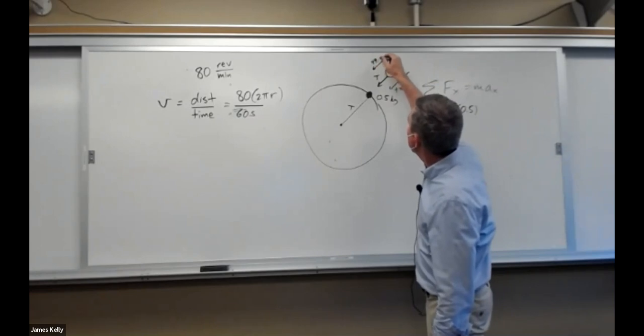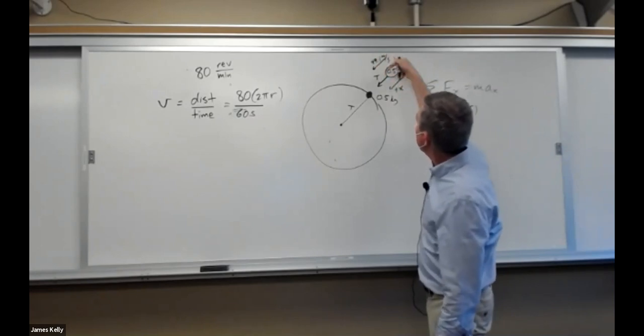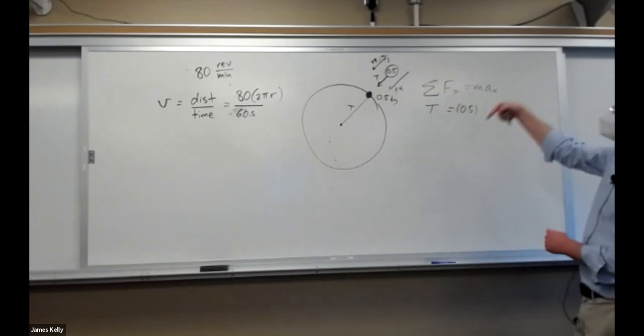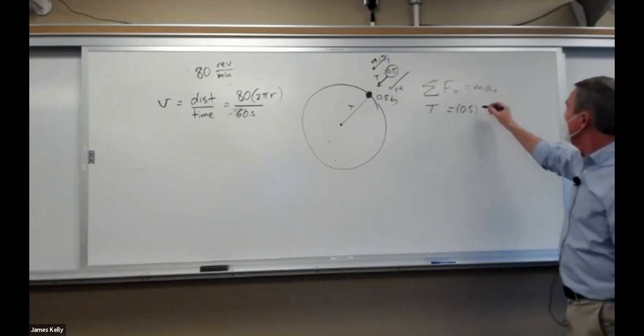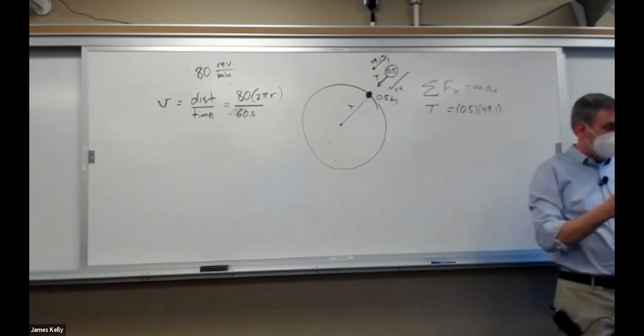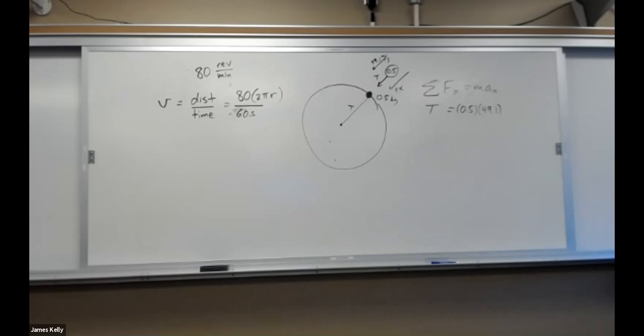It's accelerating down and to the left at that instant at 49.1 meters per second squared. That's all plus x. So this is 49.1 in SI units. Okay, so that gives me something a little bit less than 25.